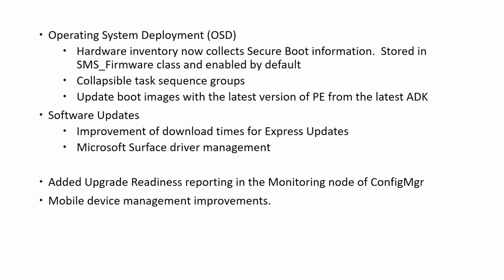So to collect information about which devices you have out there that have secure boot and which don't, by default in 1706 you're able to collect that inventory information and report against it, then make some business decisions on what you want to do with those that are not secure boot enabled and go get those enabled. So now you can actually have a full report. As of 1706, that is enabled by default. That's in the SMS firmware class within WMI, which allows that information to be gathered by Configuration Manager.